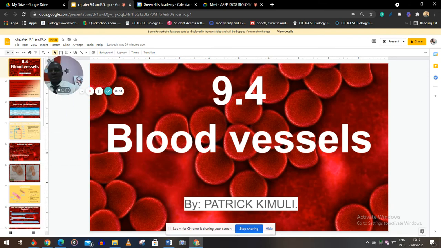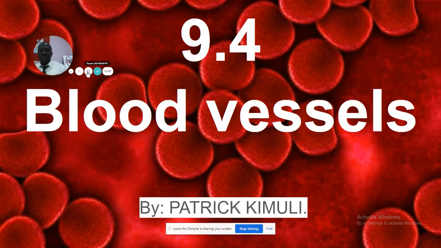So 9.4, I have said I'm going to click on it. So 9.4, blood vessels. Among the characteristics of a good circulatory system, in previous lessons, we said a good circulatory system must have blood vessels for transportation of the circulatory fluid.